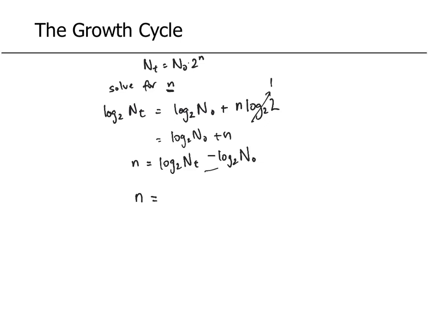And so now we have, right, this is the number of generations. So if for some reason you knew how many cells you started with and how many cells you ended with, you should be able to calculate how many times the bacteria divided. So how many generations were there?